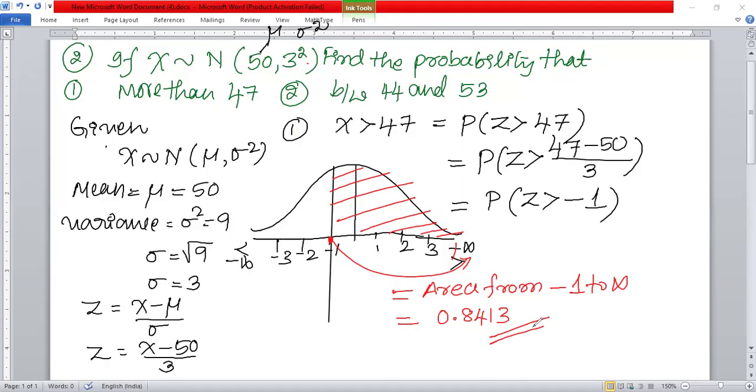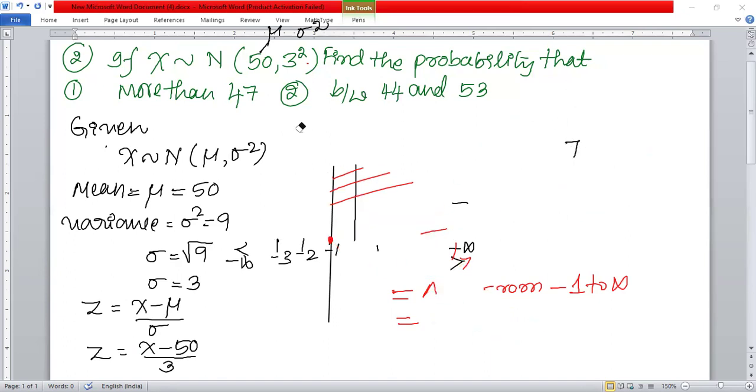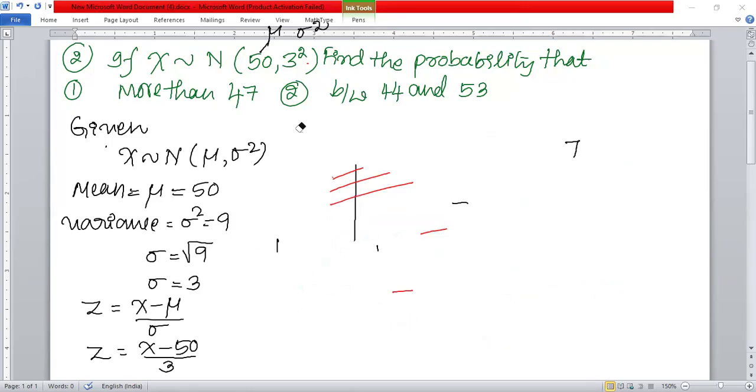So this is the first answer, more than 47. So remember, this is an important question, because x follows something is given. So definitely, yes, problem number 2, second question. They ask you between.